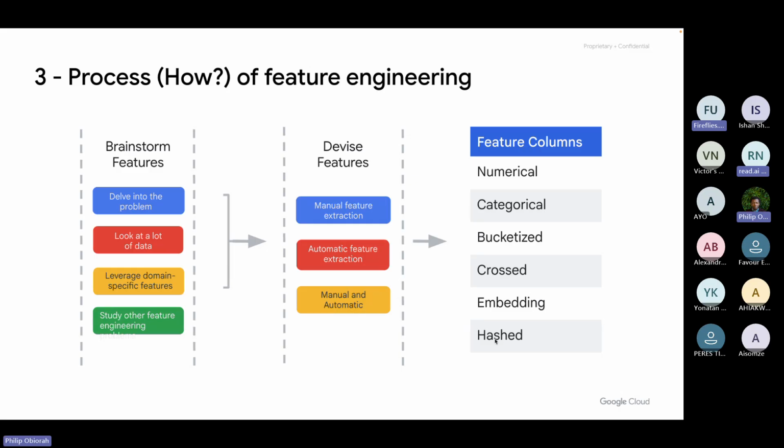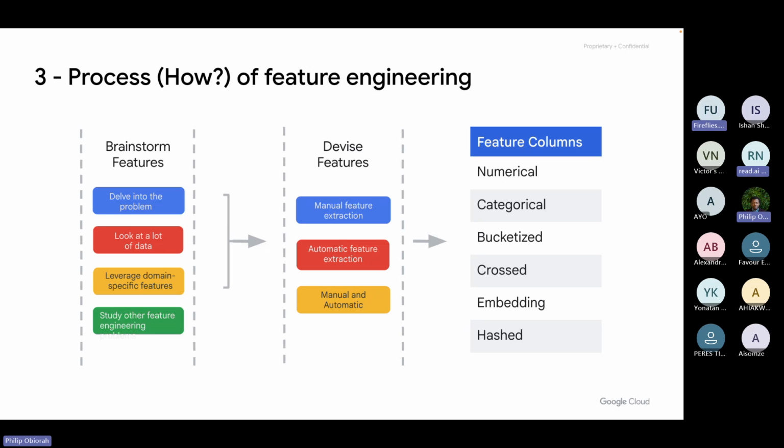Then embeddings. Embeddings is actually essential for handling large categorical lists. Because you don't want to use one hot encoding for that, because you have a very large sparse matrix. So embeddings can be very good for handling large categorical lists.